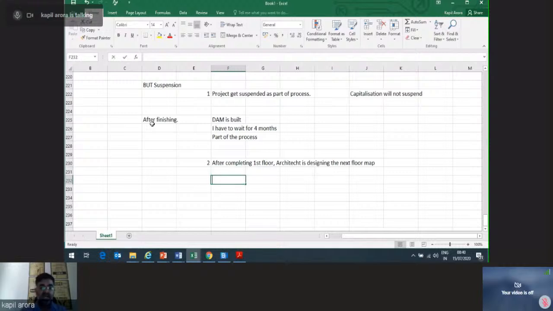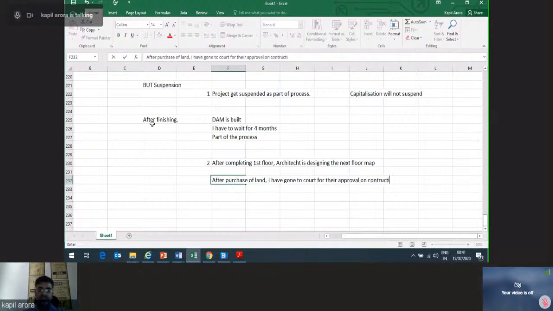Or let's say after purchase of land, I have gone to court for their approval on construction, for their approval for construction on that particular land.